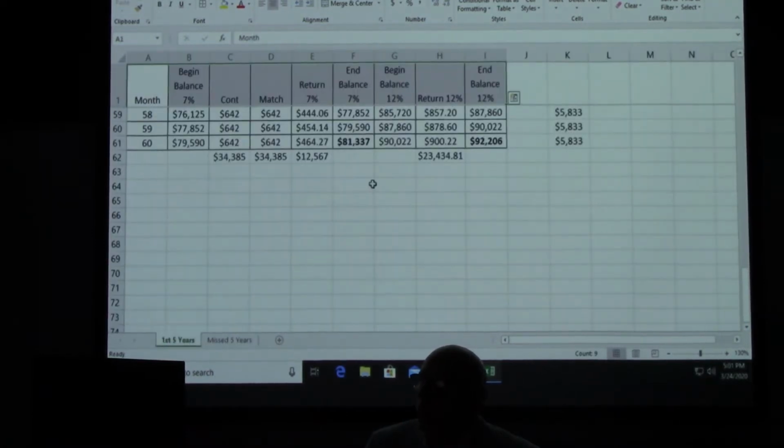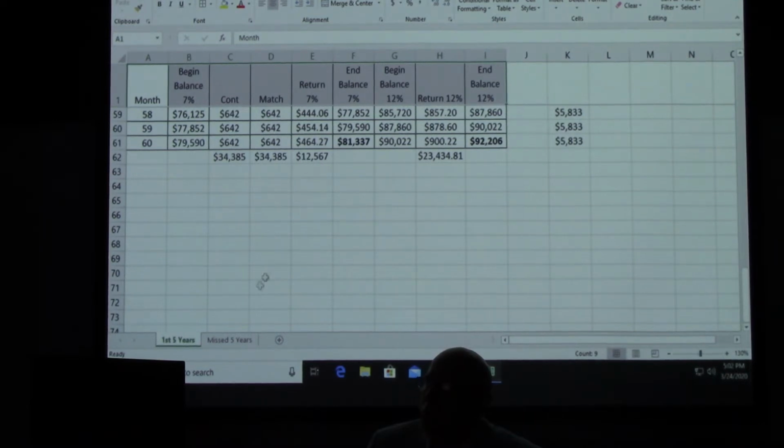And by the way, the difference between the 92,206 using 12% and the 81,337 using 7% is a little over $11,000, and that is the difference between the return here and the return here.